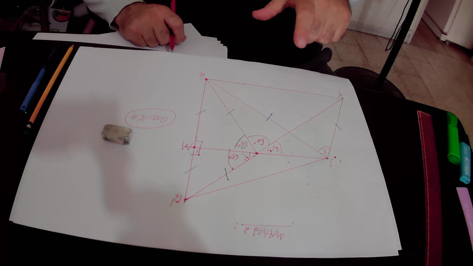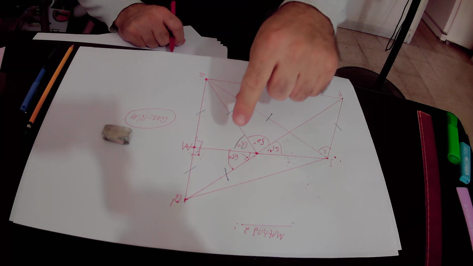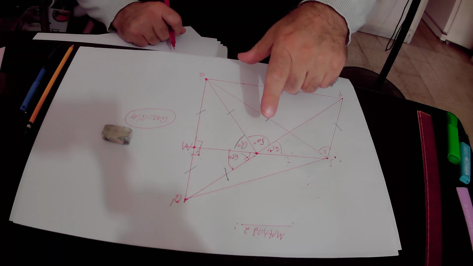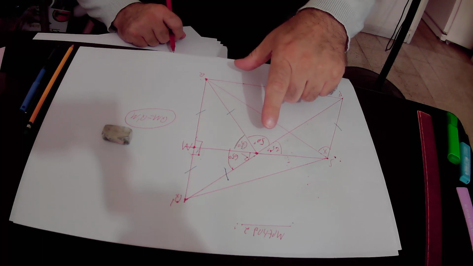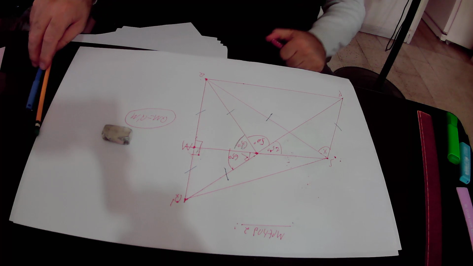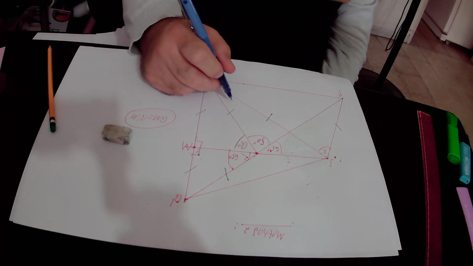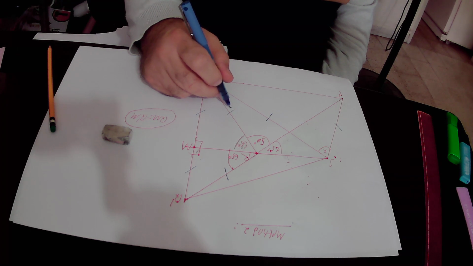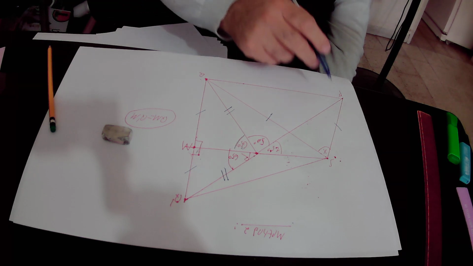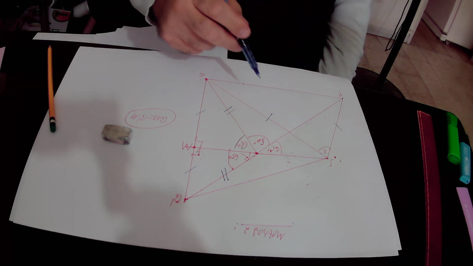And we also concluded from the fact that those two triangles are congruent to each other that QR equals Q dash R, and we know that SP equals SQ.